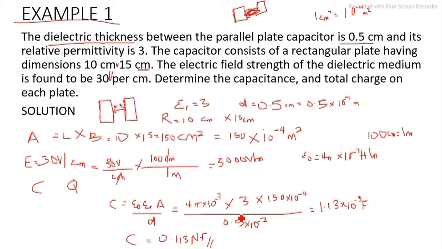Now you have to also calculate. Sorry, this is not the value for epsilon naught. I'm using this as mu naught, which is 4 pi times 10 to the power minus 7. Your epsilon naught is 8.854 times 10 to the power minus 12.